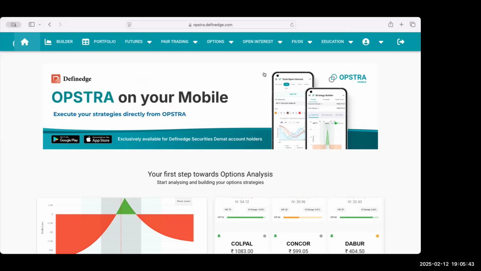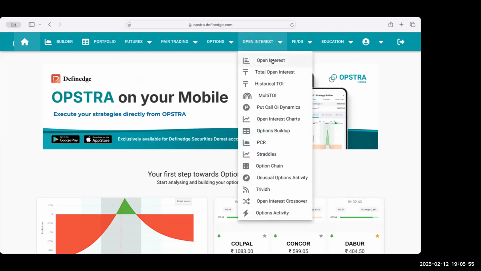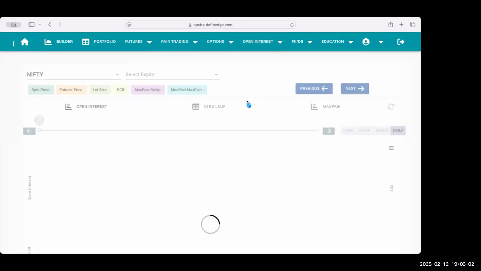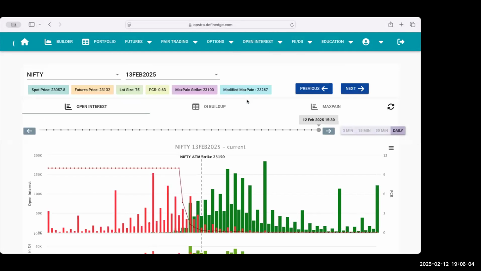Once you get this, here you need to understand how to analyze different data. In options, always first you need to look at open interest or the option chain. These are the basic things to look at. When you click on open interest, you will get something like this.